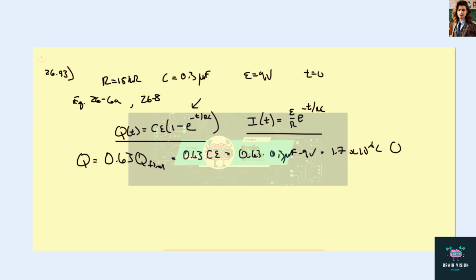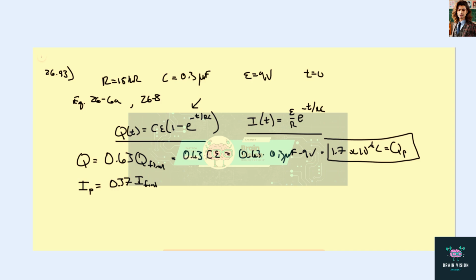And this is our Q. I'm going to call it P for the point we want to find on the graph. Let's do the same thing for current. So IP is now, we want it to be 37% of the final current.